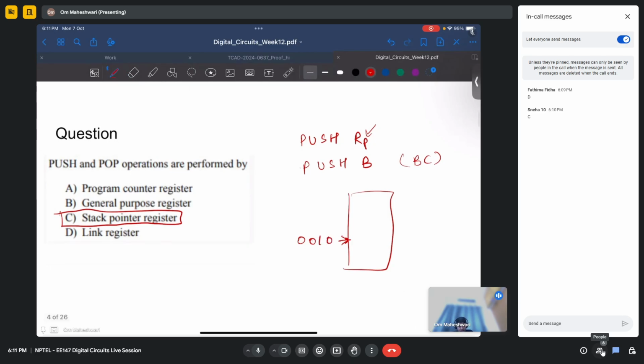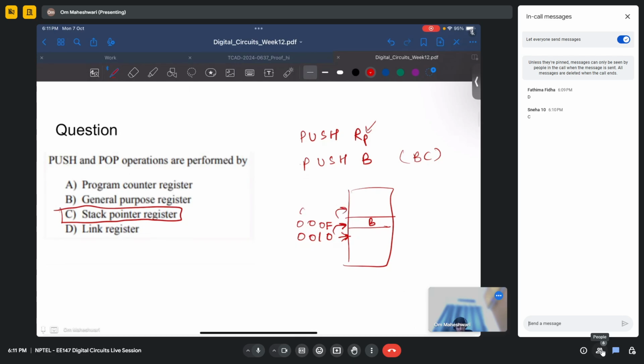It will decrement first, go to 000F, then put the contents of B here, then decrement once more to 000E and put the content of C here.